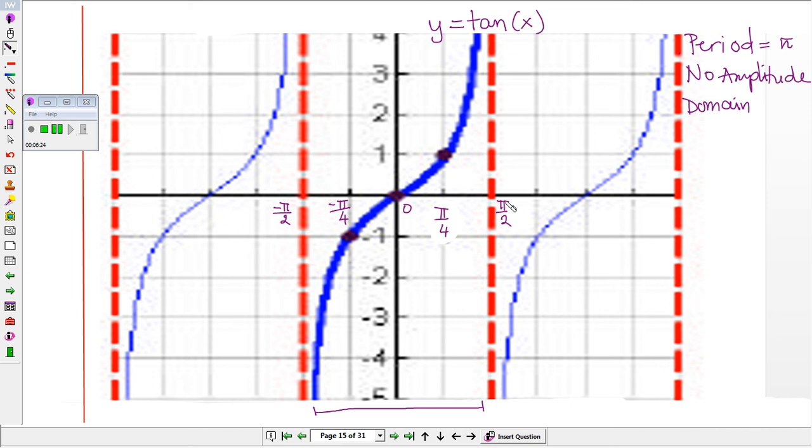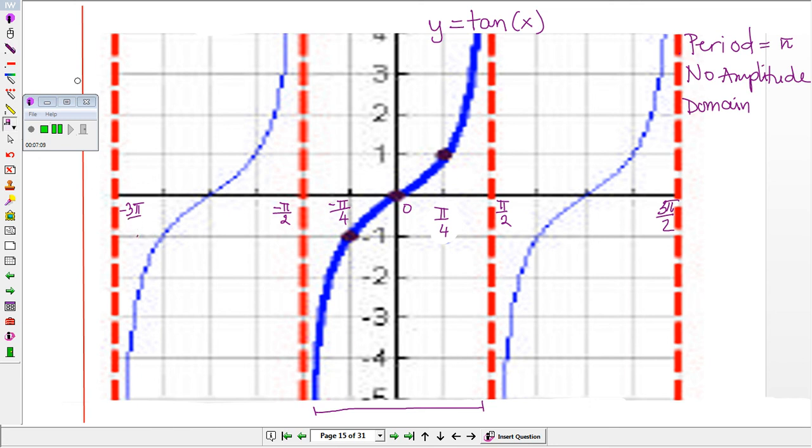So for example, at x equals negative pi over 2, x equals pi over 2, and then the next one will be 3 pi over 2, or negative 3 pi over 2. So these are your vertical asymptotes.